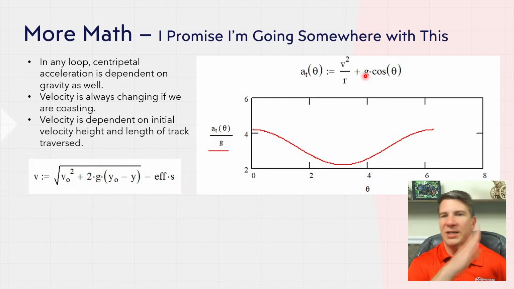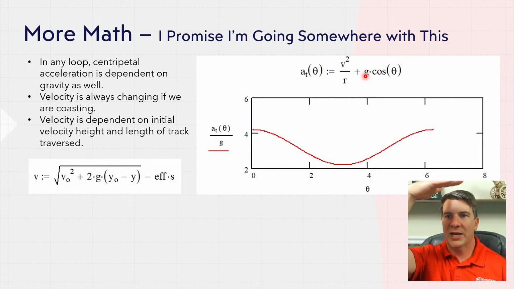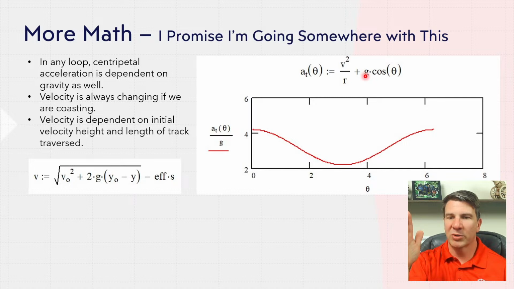When I go up 90 degrees, I'm going to have no gravity because gravity doesn't work this way. It works this way, in which case I don't care. And then when I get to the top of the loop, gravity is pulling me back down. So it's going to be -1 at the top. And then back down here, it's going to be 0 again.